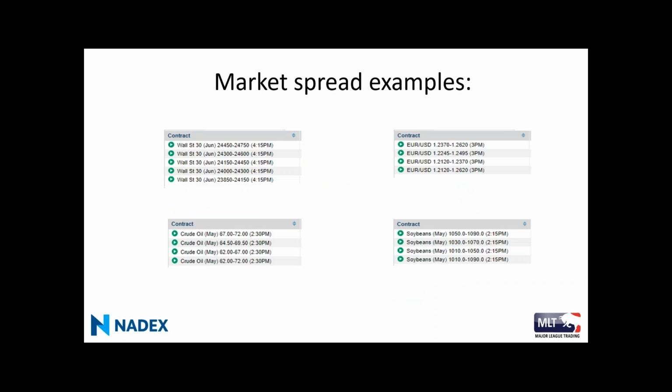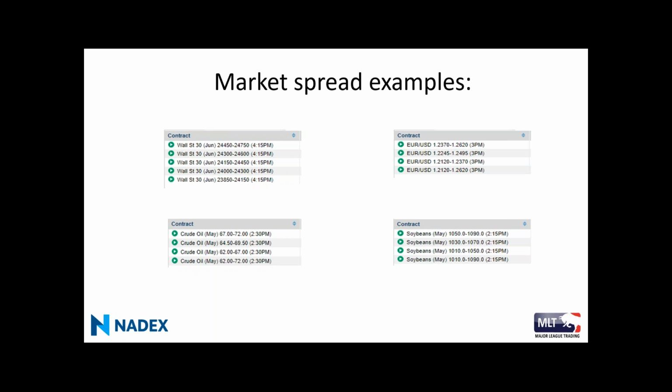All right. Now, here's a couple different spread examples. I've spread them out to different things, and you'll see them. The commodities close at different times, like soybeans at 2:15 and crude at 2:30. The Wall Street contracts are daily, so they close at 4:15, and the currencies currently close at 3 p.m. Some of them, like the Wall Street 30 on the top left, have 5 contracts listed, which is what the contract specification said.